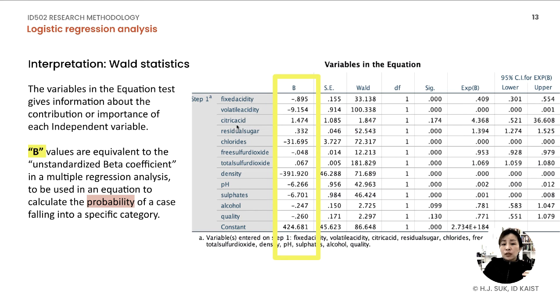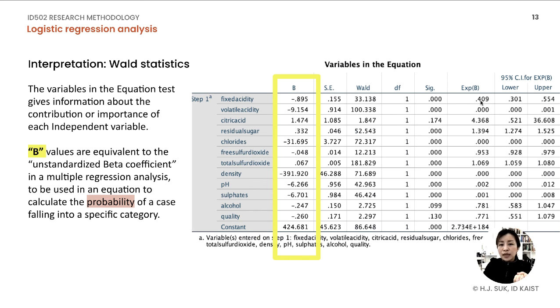If this score is getting bigger, then the value will be bigger, right? Because it's an exponential value. So more likely to be white wine. And residual sugar, more likely to be white wine. And total sulfur dioxide, more likely to be white wine. But like alcohol, this is not significant, so let's find this one.